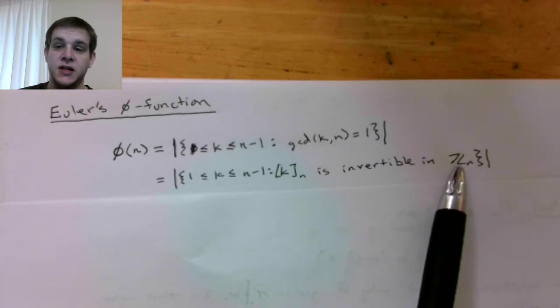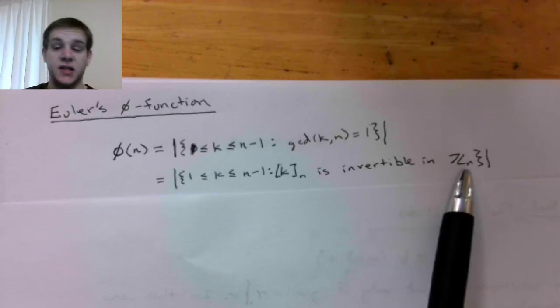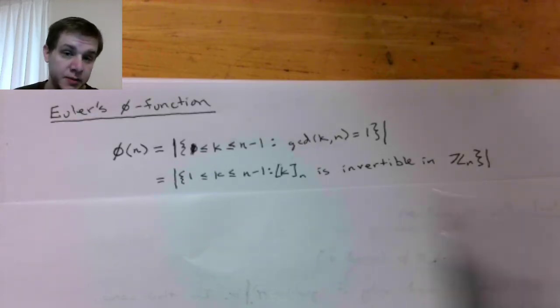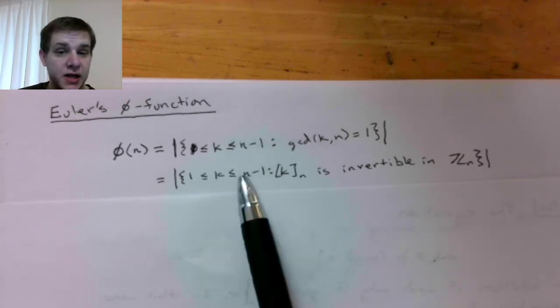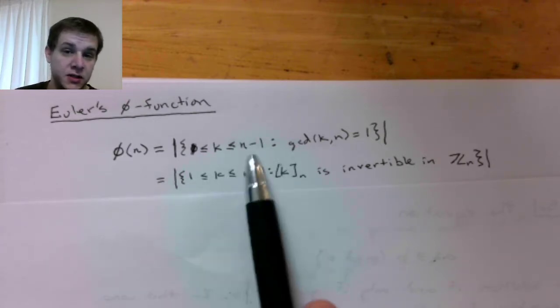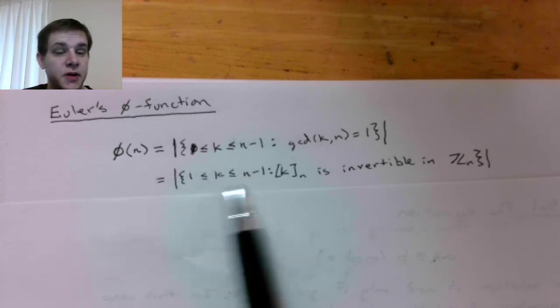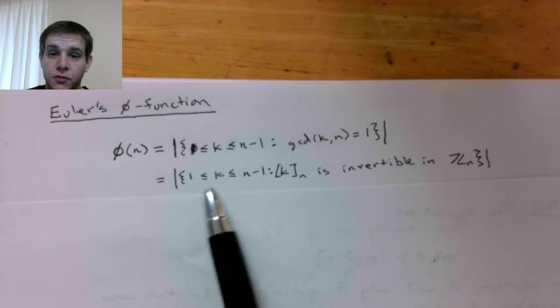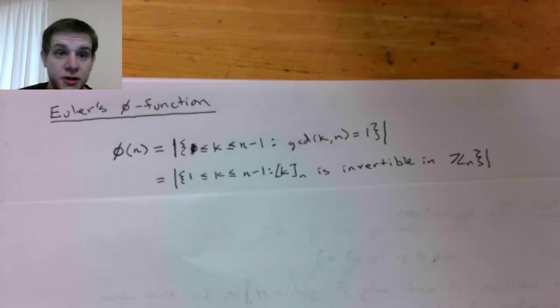And Zn denotes a set of equivalence classes, so this is a set of sets. There are n elements. We don't include the 0 class because 0 is definitely not invertible. But the rest of these could be invertible. So we just count which of them are invertible, and we throw out the zero divisors.